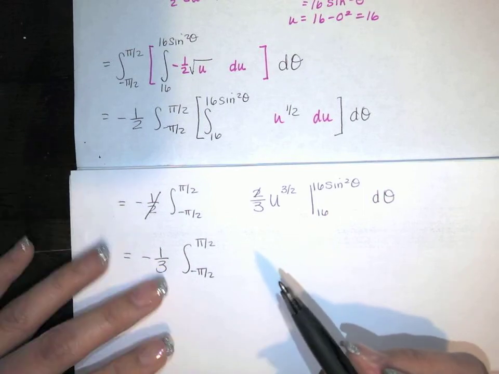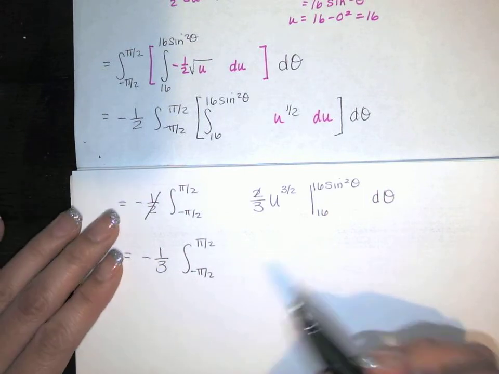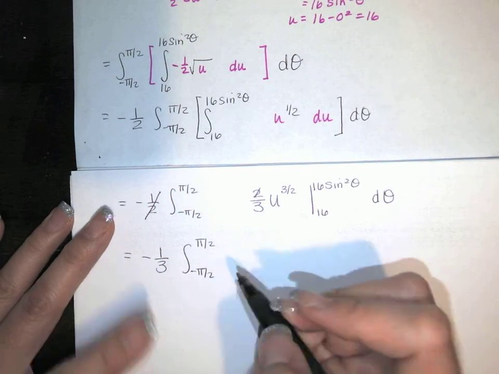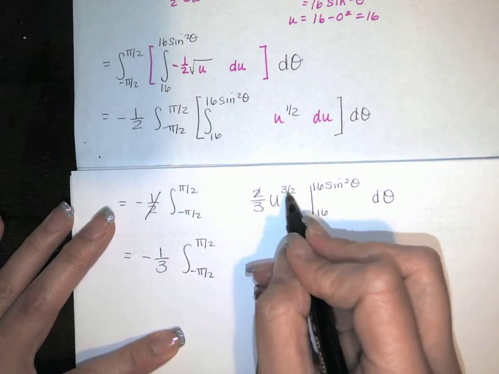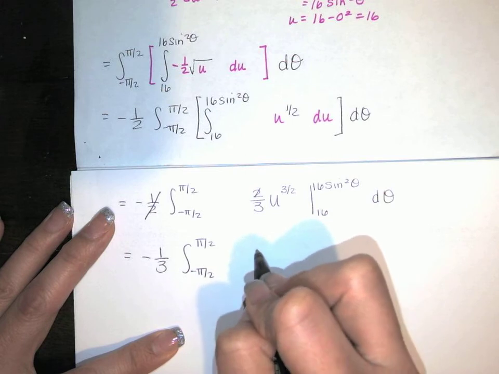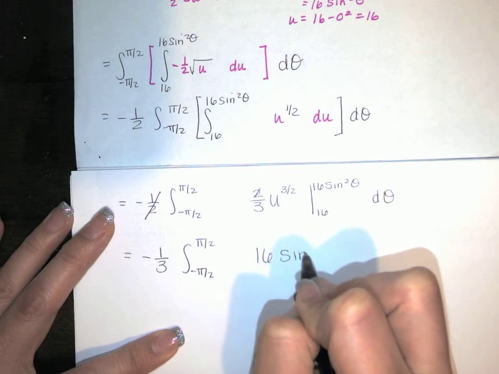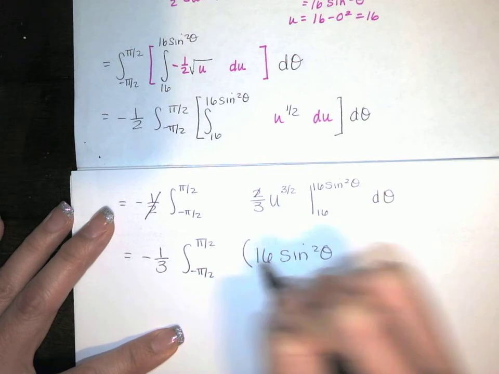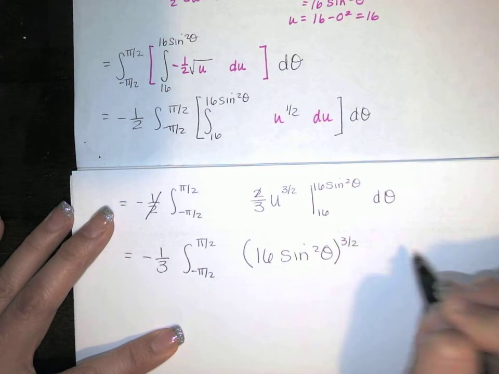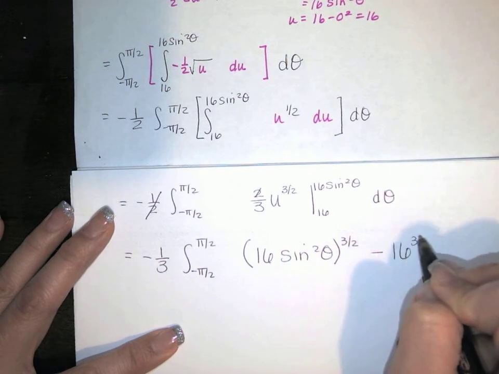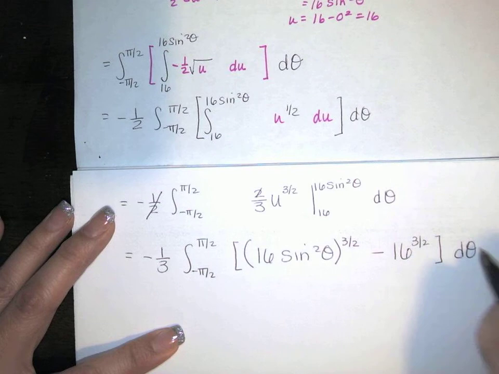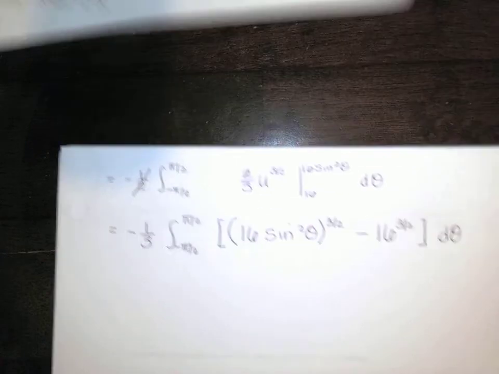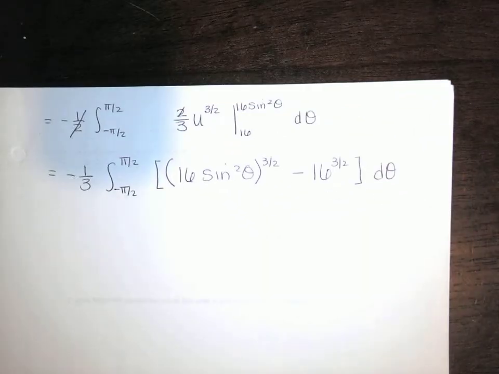And then over here, we have u to the 3/2. So that's 16 sine squared theta raised to the 3/2 minus 16 raised to the 3/2. Now you have to be very careful here. Very, very careful. And you're saying to yourself, why? Why do I have to be careful?